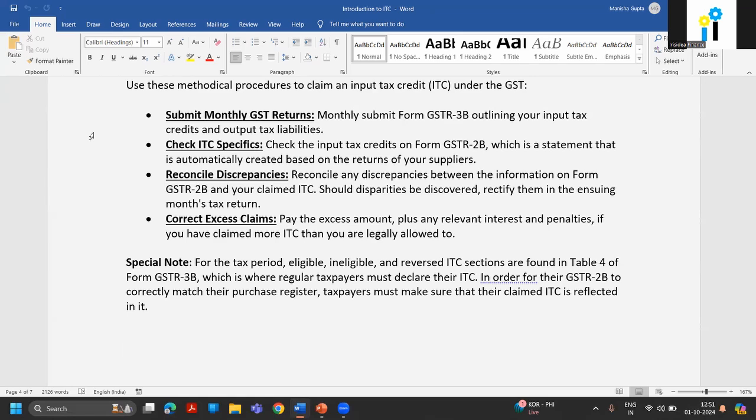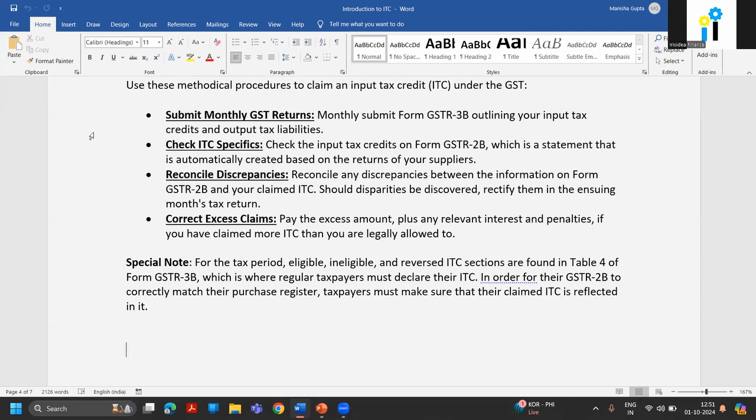Check ITC specifics. Check the input tax credits from GSTR 2B, which is a statement that is automatically created based on the returns of your supplier. Means when your vendor files the GSTR 3B, that statement goes to your GSTR 2B.